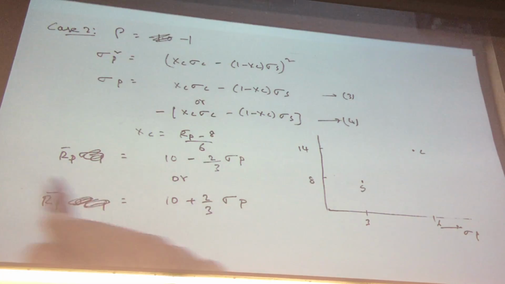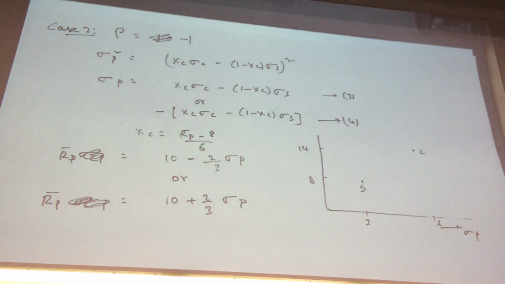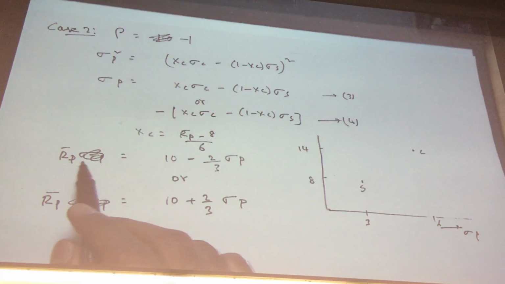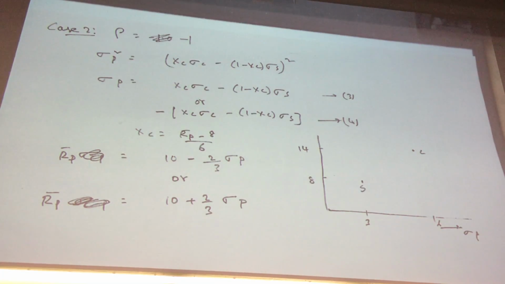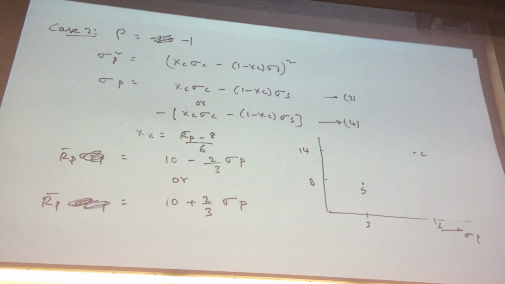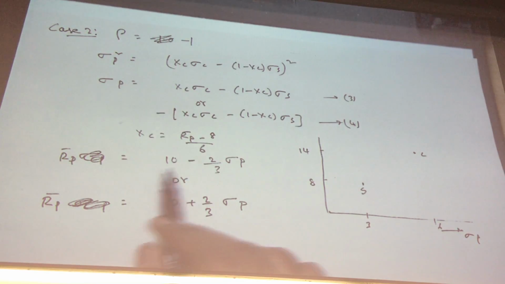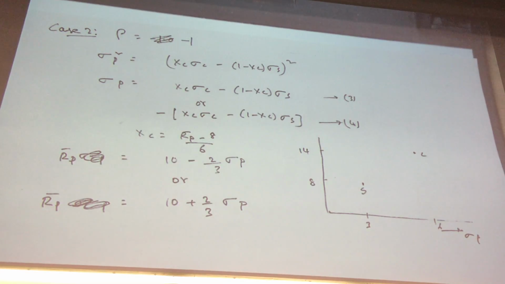And now, when rho equals minus 1, the feasibility set would be these two straight lines. Okay? What is the slope of this straight line? 10 plus 2/3 sigma p.